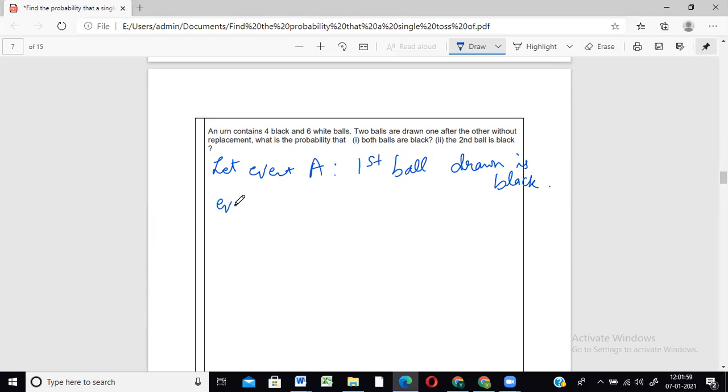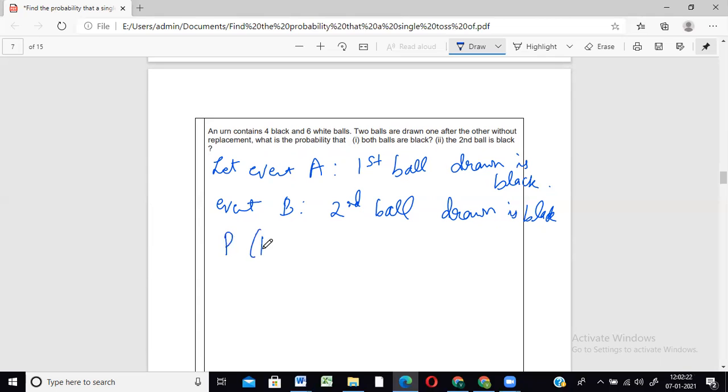What will be event B? Event B is second ball drawn is black. Just like we did there, we're going to follow the same steps. Now the required thing: both are black balls. This is exactly similar. I'm just following.